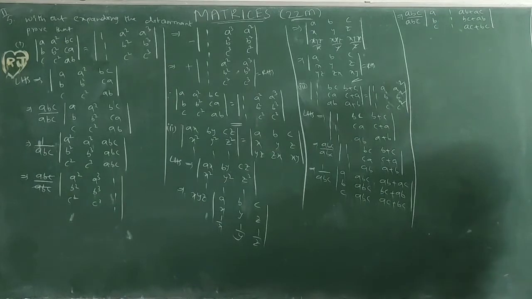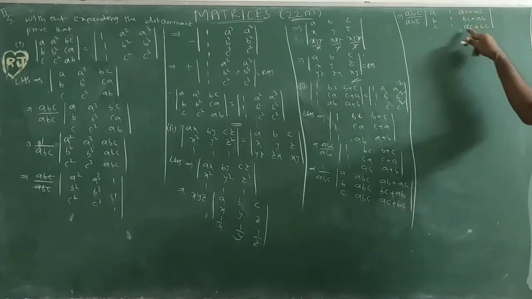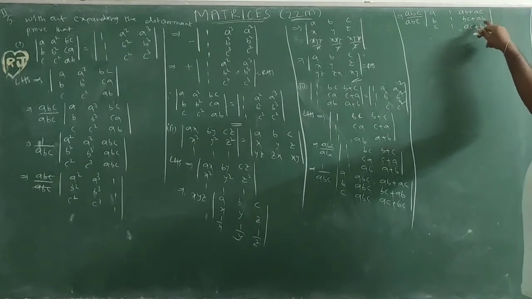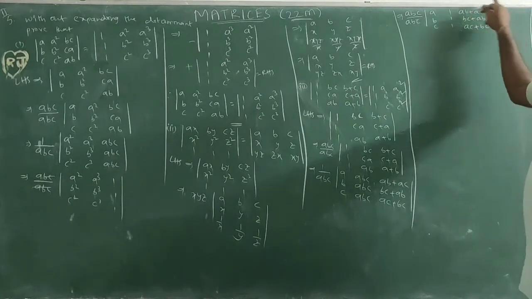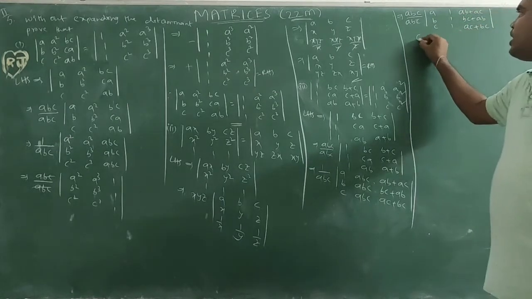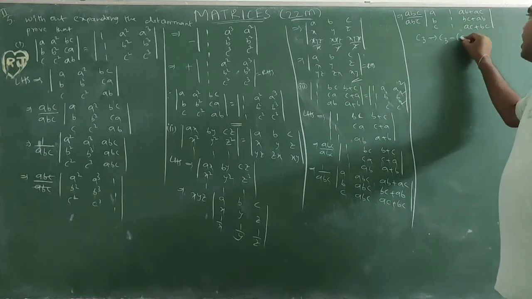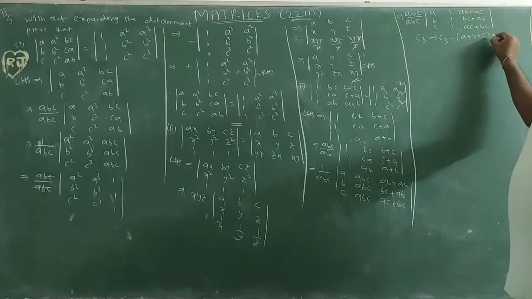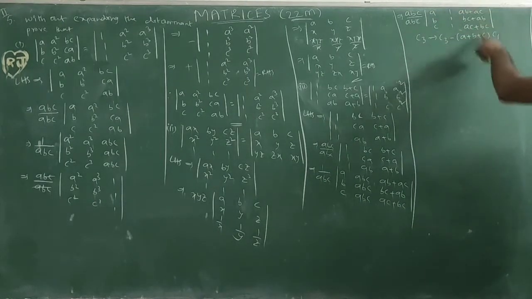Now, ab plus ac, bc plus ab, ac plus bc: I don't need this combination actually. So to avoid this combination, C3 changes to C3 minus a plus b plus c of C1.